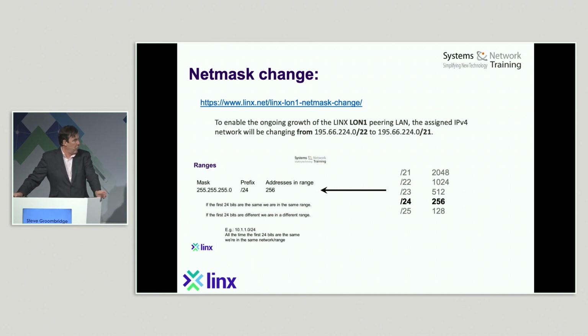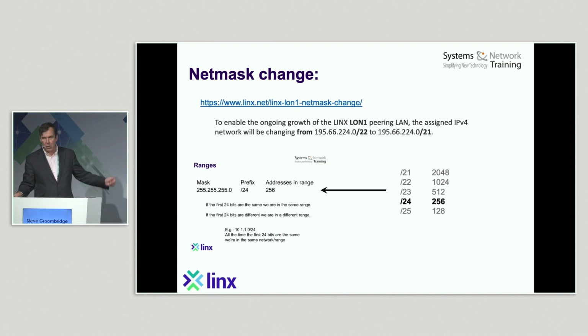If it's /24, 256 machines, but we're actually going from a /22, which gave you 1,024, to a /21, which now means that you can have 2,048 addresses on London 01. You might want to take 2 away from that, but as a rough idea, that's how it works.